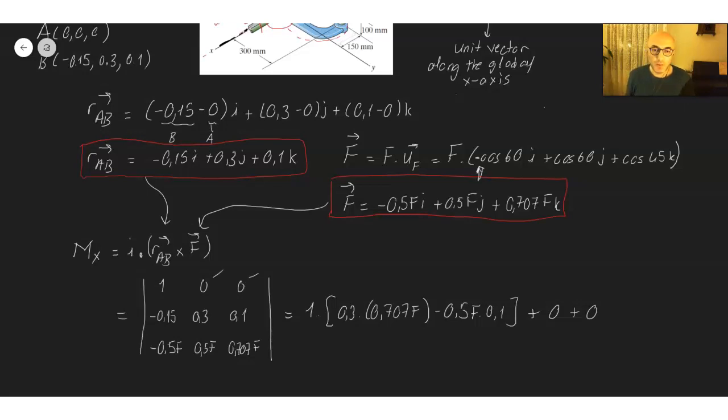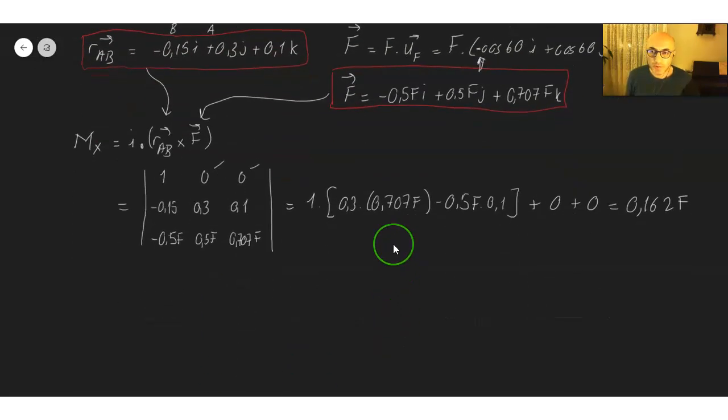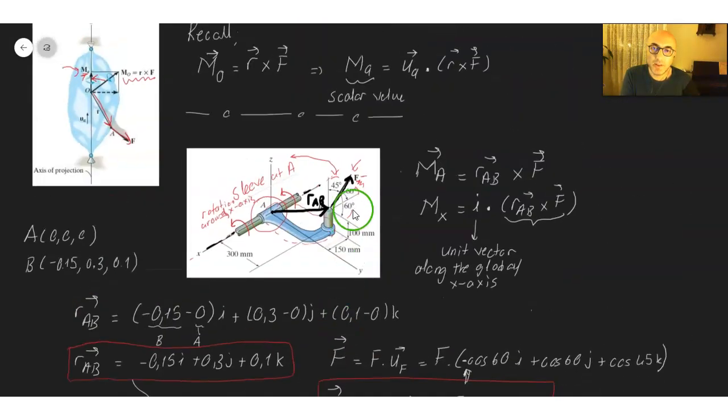So you will remember how this is done, there's a practical rule for that. So I end up with 0.162 F. Okay, so let's wrap it up here. As a result, I'm having a moment around the x-axis by force F equal to 0.162 F.